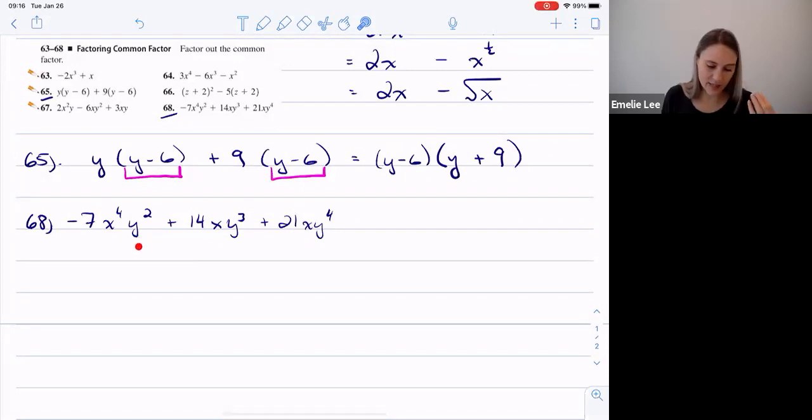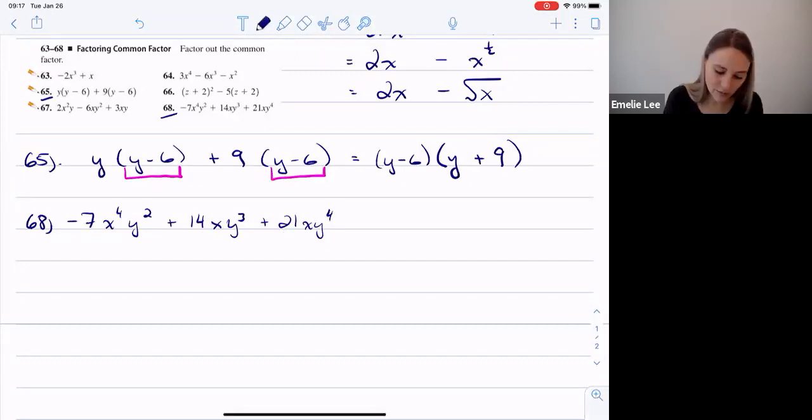Then I see that I have these y's, and same idea, I can always extract the lowest power of y from each of these terms. So here I've got y to the power of 2, y to the power of 3, y to the power of 4. So I should be able to extract a y to the power of 2 from each of these terms. So we'll be able to pull out a 7, a 7, a 7.